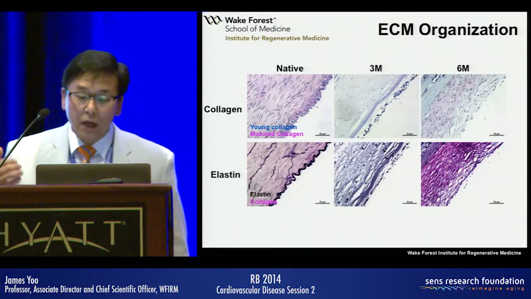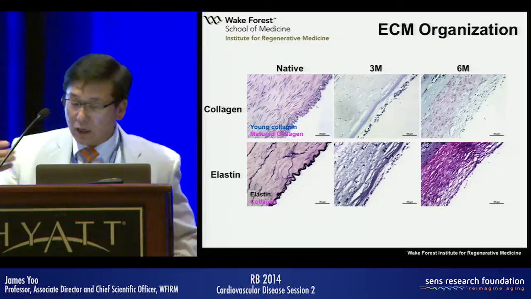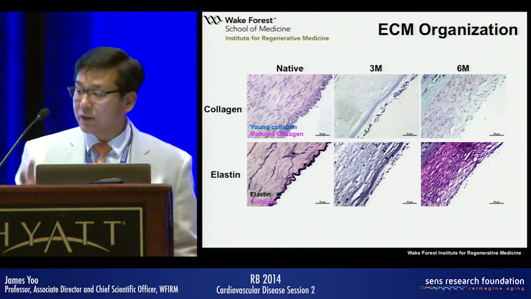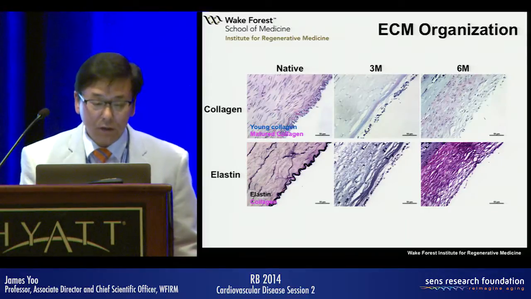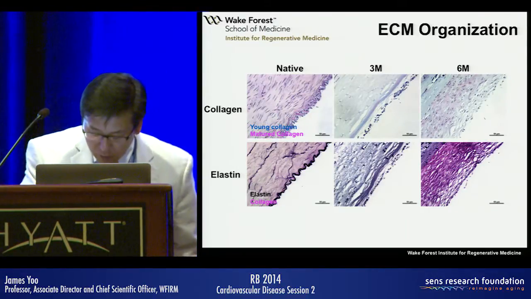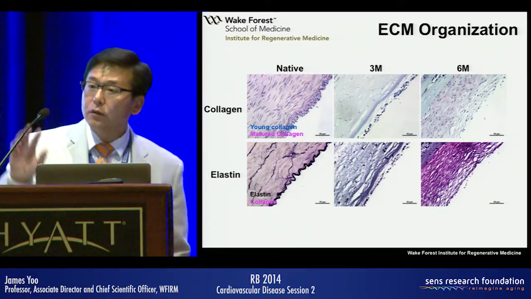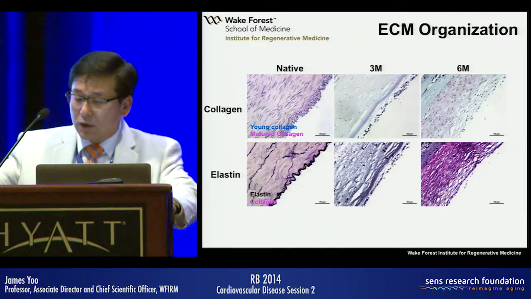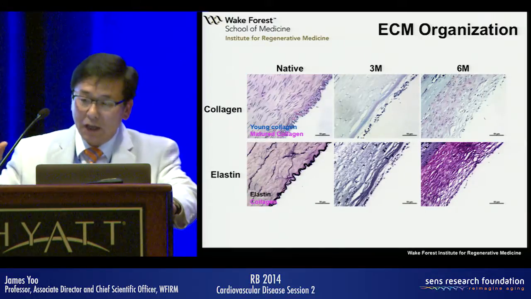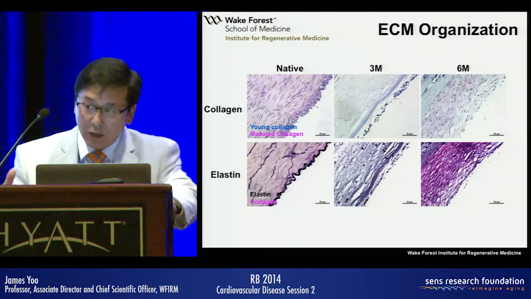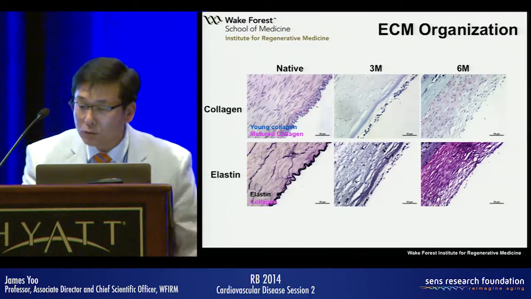This just shows that the implant has a similar ECM organization, but not as identical to native tissue. But as for the blood vessel, two main functions are the passage of blood without any clotting, and then those blood vessels would contract and relax to control the volume of flow.